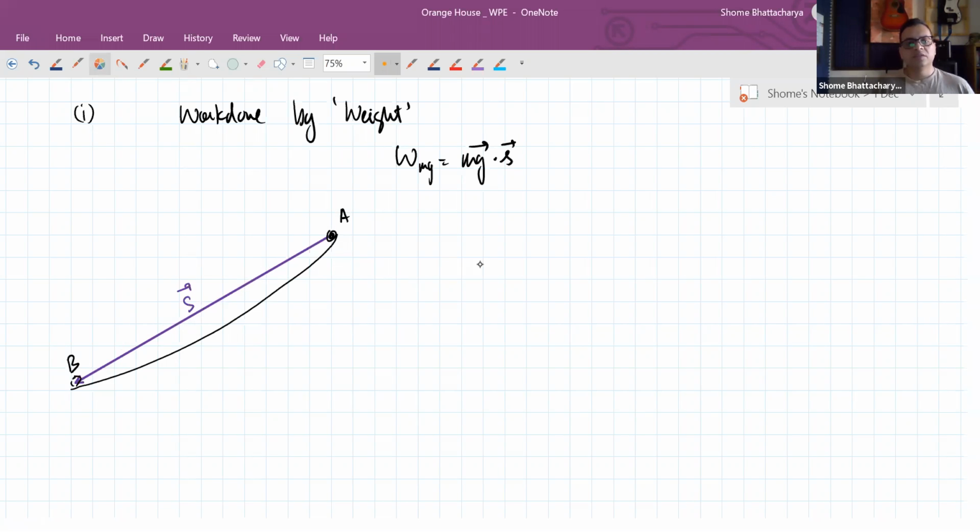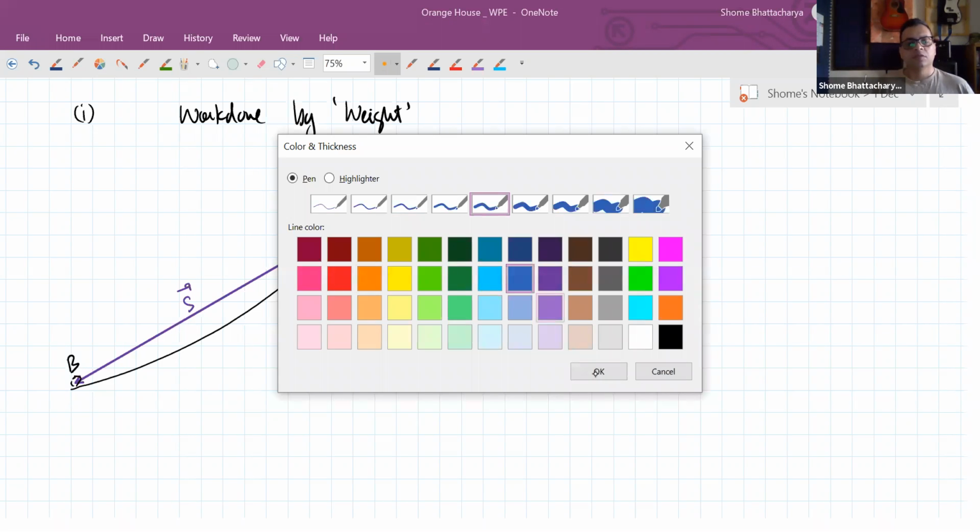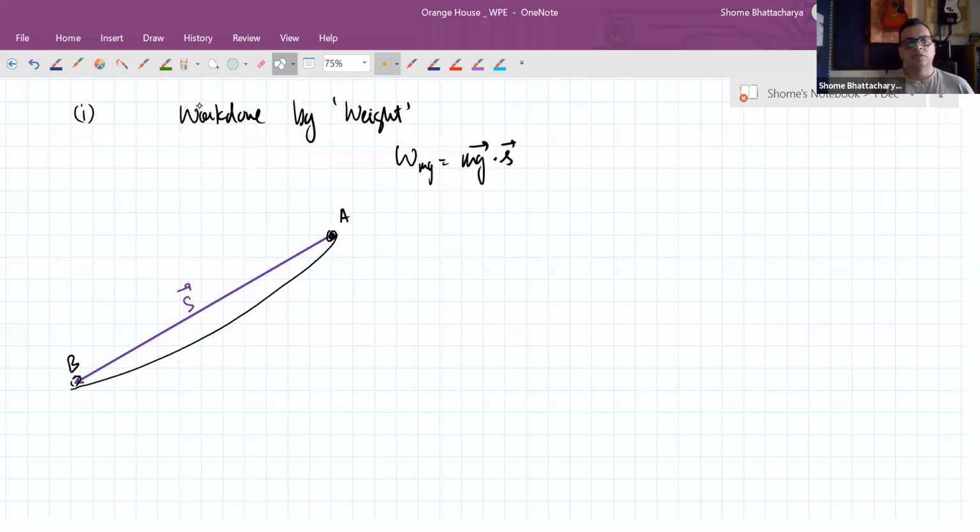So in fact, if you see the interesting thing, we don't know anything about the displacement. We only know that this is the force mg, acting vertically down. However, the other thing we know is that if we drop this perpendicular from here onto the horizontal, we know this h and we know this b.